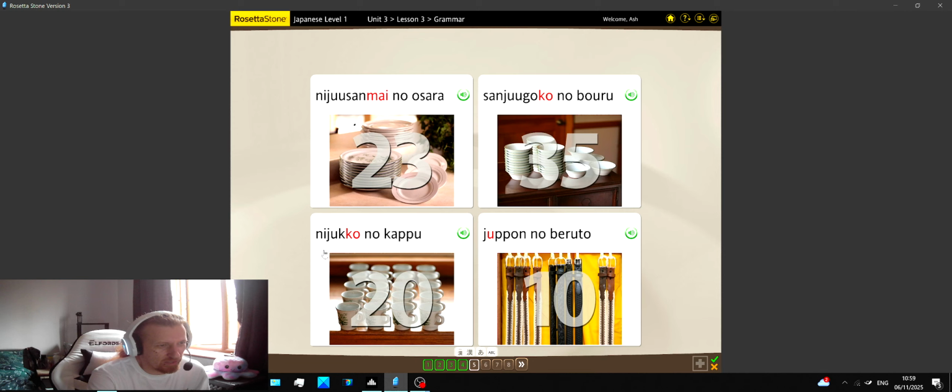But again, it's just showing you how the numbers do change depending on which number you are dealing with, whether it's in the tens or whether it's in the singles. And then also the contextual change depending on whether you're talking about a thing, an object or not. So it does change slightly when talking about people.